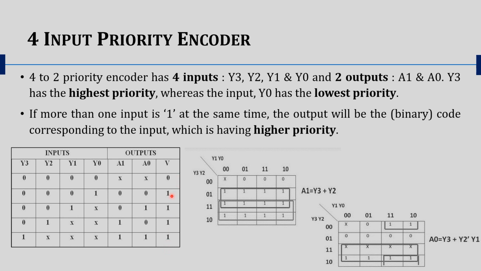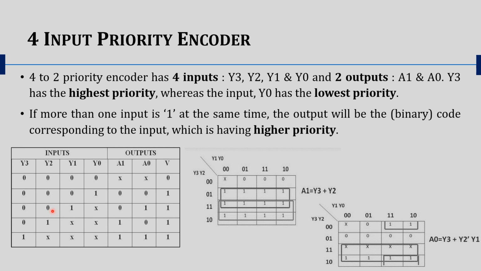So we can have the value V as Y0 plus Y1 plus Y2 plus Y3. Similarly, for the output line A1, the equation is Y2 plus Y3. For the output line A0, A0 is active high when Y3 is equal to 1, or Y2 is equal to 0 and Y1 is equal to 1.